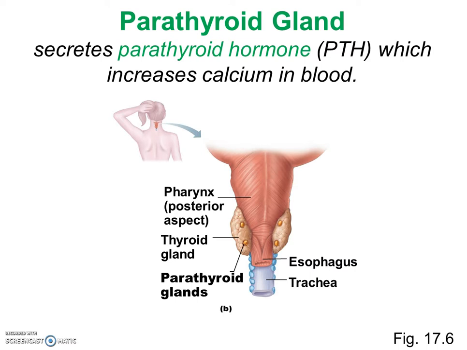Now the problem is that calcium came from the bone, so then the bones aren't strong enough because they don't have enough calcium. So you can take medication to fix this, but actually in my mother's case, she had surgery where they removed two of her four parathyroid glands, therefore hoping to eliminate the problem of the hyperparathyroidism.